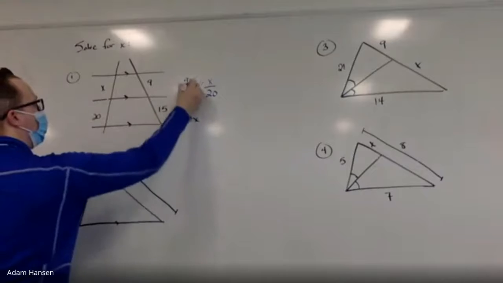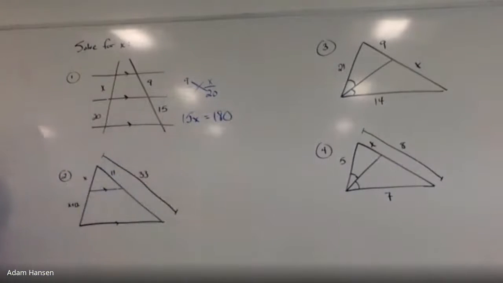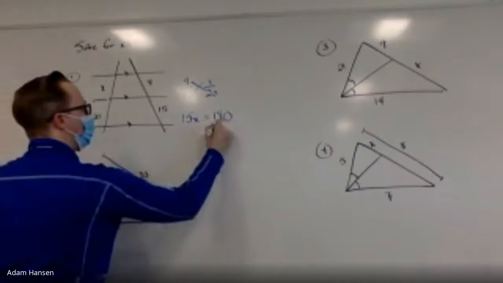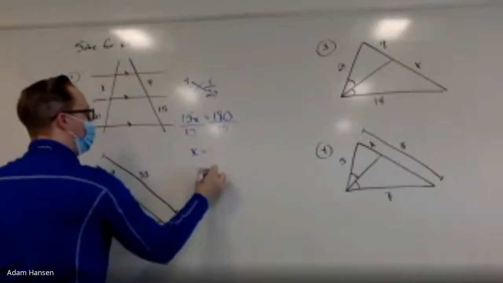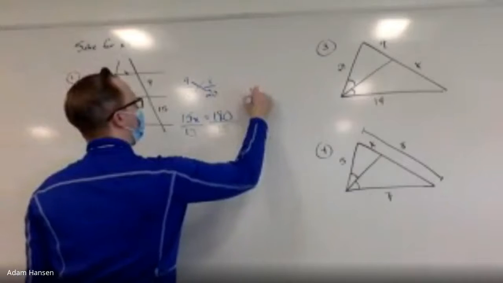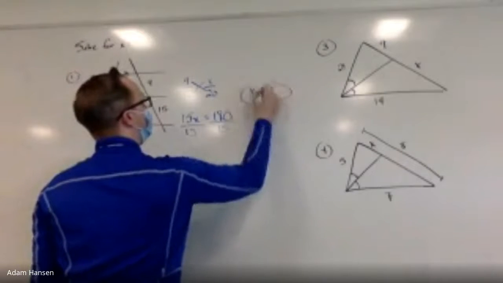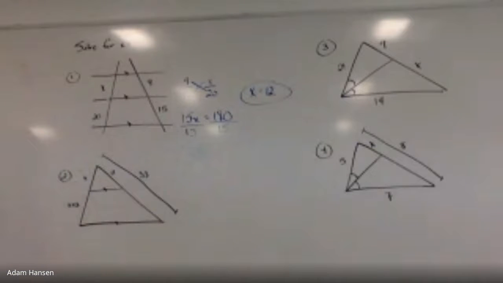X times 15, 20 times 9 makes 180. What is 180 divided by 15? Use your calculator. What is that? 12. Yeah, that's right. 12 looks good.